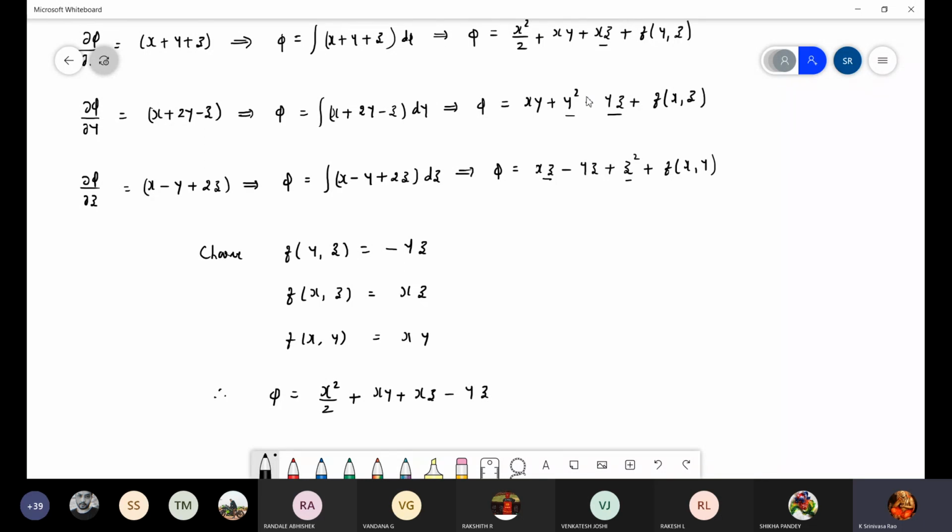So minus yz, as well as plus y square and plus z square. This also you have to choose.